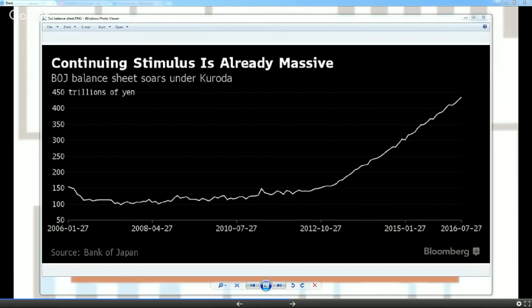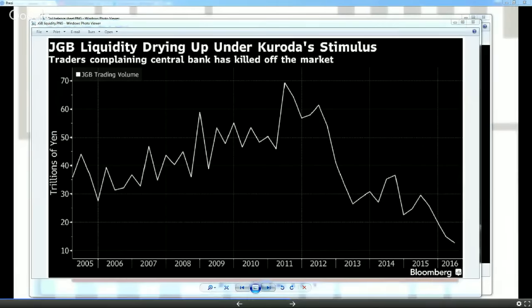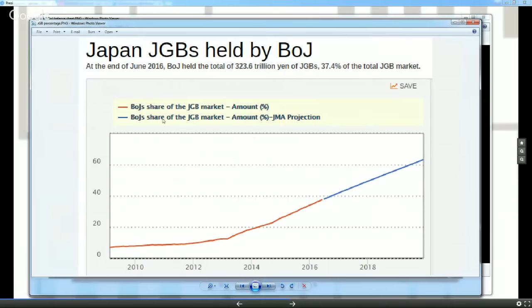Also, that's probably the one to do last. The fact that the Bank of Japan is already increasing the share of JGBs at a pretty steady rate. It's up to around 40% now. It's expected to be about 50%, I think, by the end of 2017.